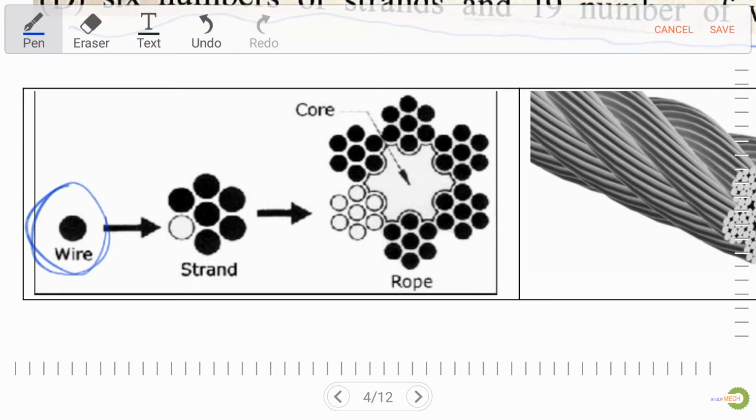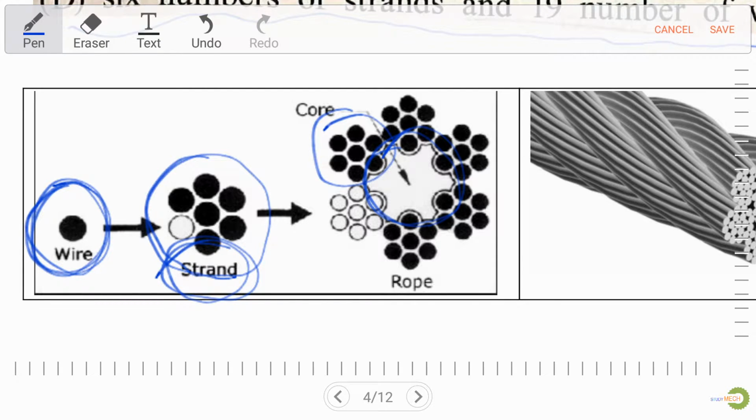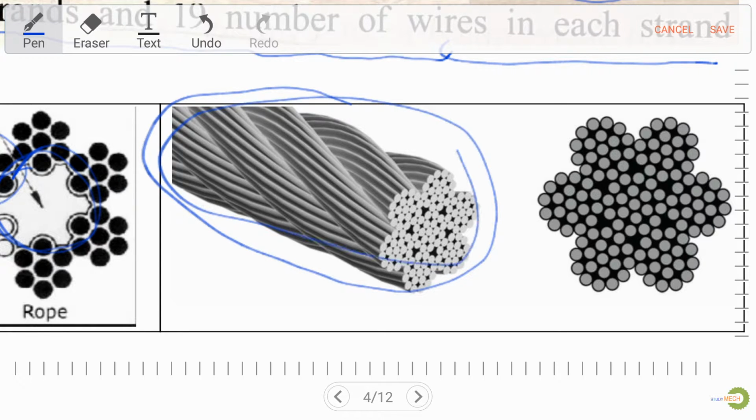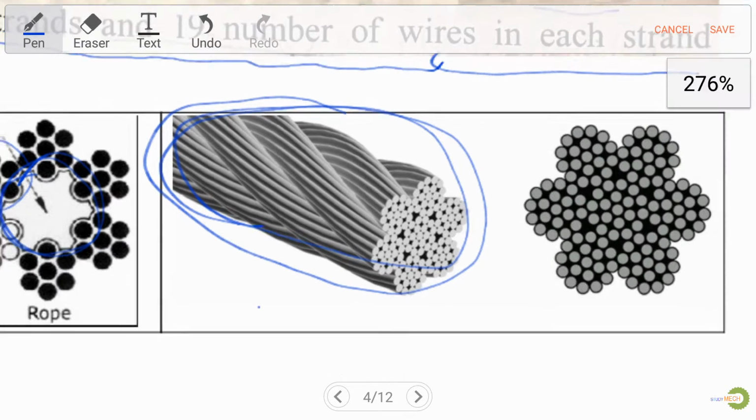So let's see how it is made. This is the symbol of wire cross section, and together wires make a strand, and with core and strands, our final wire rope is developed in this manner.